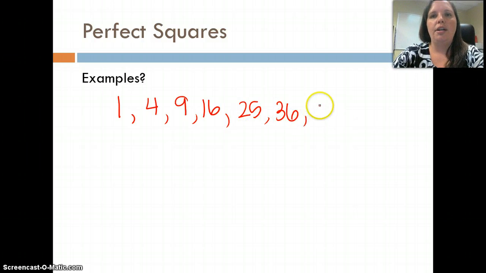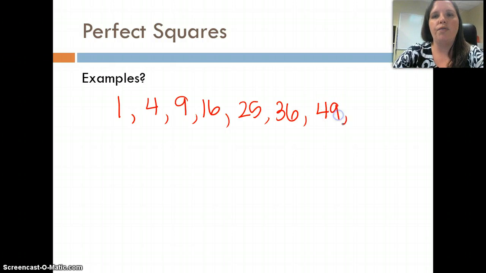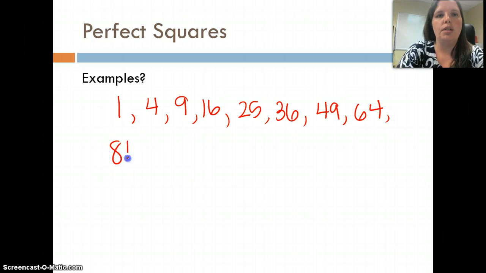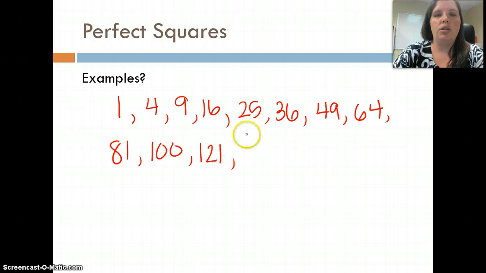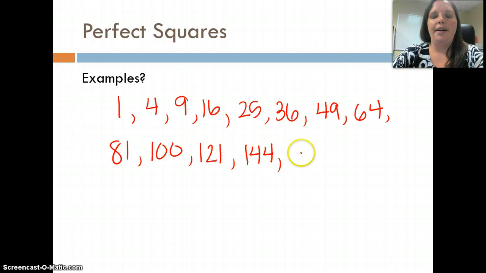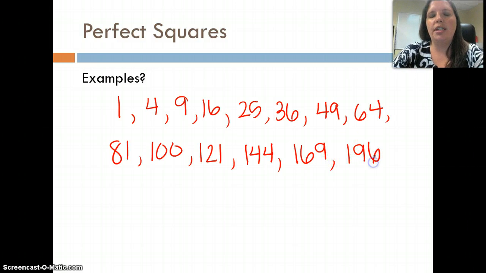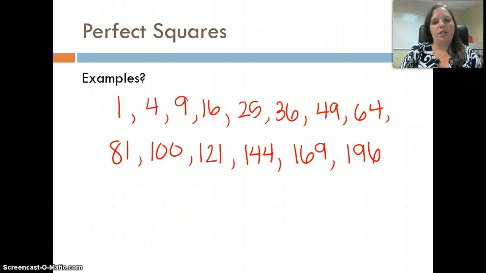As I talk about numbers, these would be your perfect squares, because these are the numbers that when you take the square root, they are equal to no decimals involved. So that's 12, that's 13, and 14 I would give you if you didn't know off the top of your head. So roots and exponents, it's all about the details.